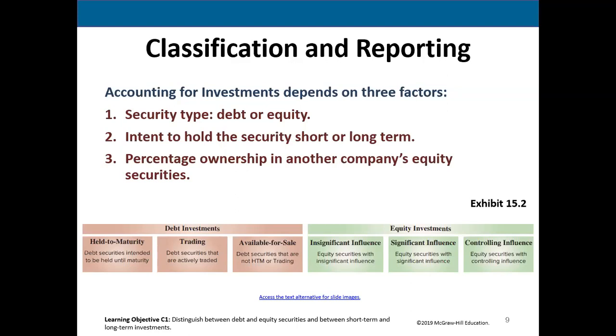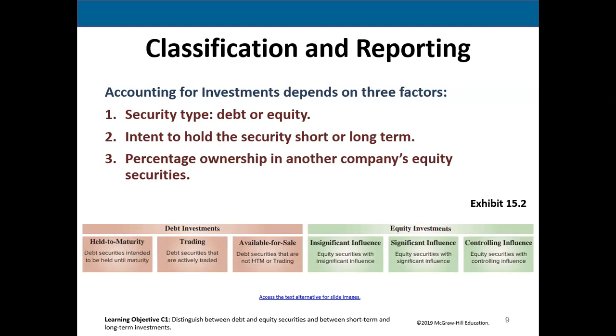Which category do you put it in? It all depends on the intent of management. So it's really up to management of the company who bought the debt. Do you intend to hold these bonds until they mature? If they do, we put them in a category called held to maturity, and we have our own special accounting for that category.